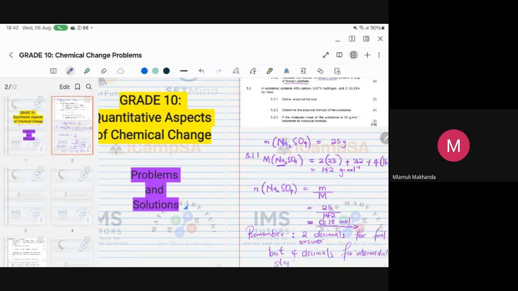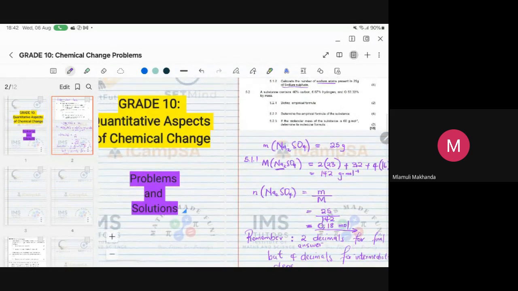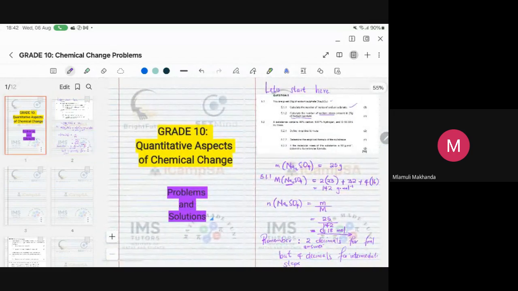Because if you use 2 decimals in these intermediate steps while trying to calculate something else, you won't get the right answer at the end. Right, intermediate steps. Right, so this is our number of moles for sodium sulfate.